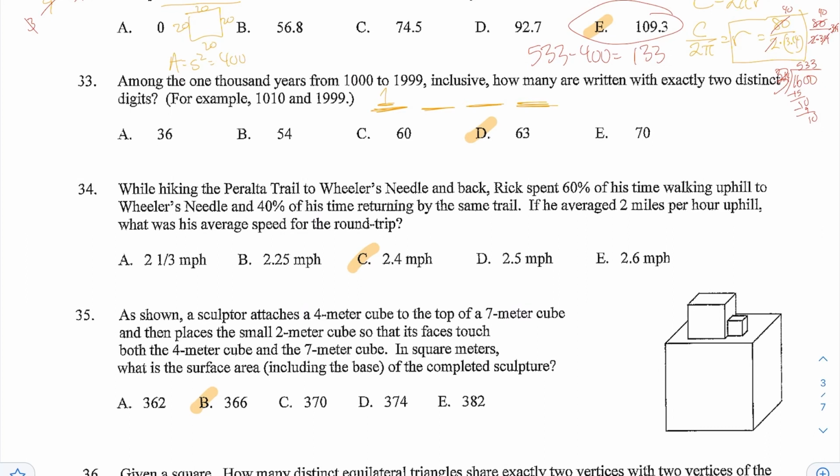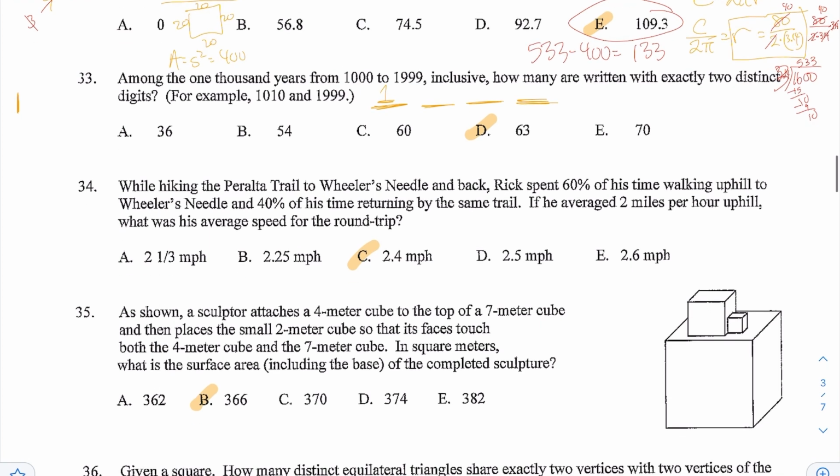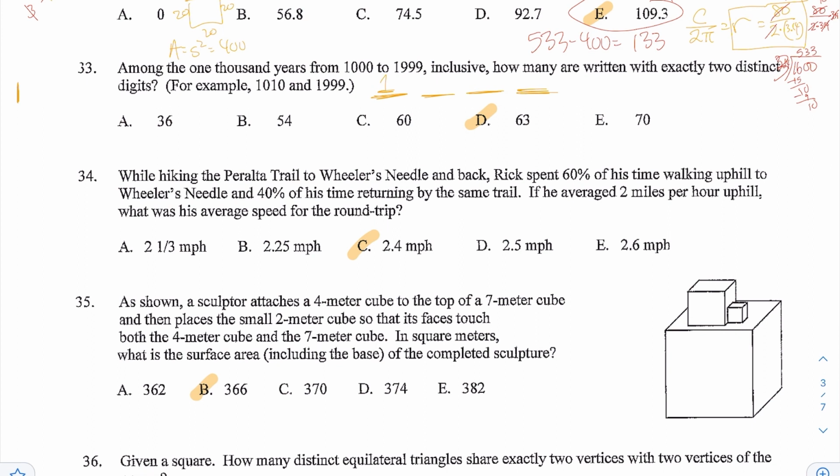So you have 1, 0, 0, 1. So if you choose 1s and 0s, and you just want to look for a pattern there, you can also put a 1 in the 10s and a 1 in the 100s.